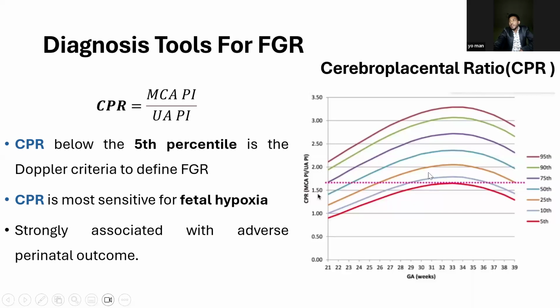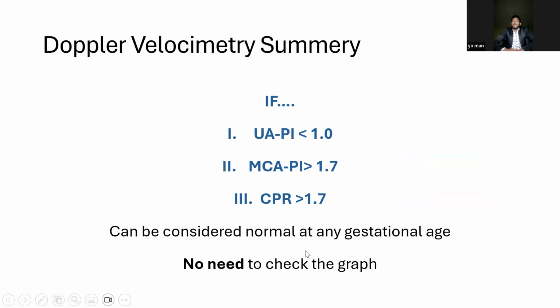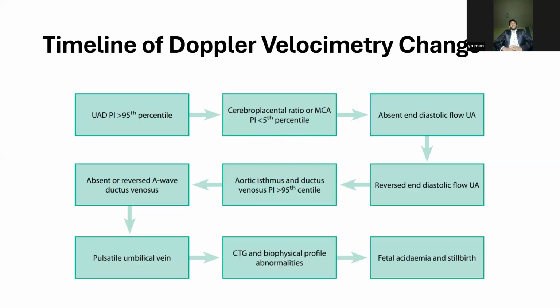So anything above this is above the 5th percentile, as indicated in the red line. So if CPR is greater than 1.7, it can be considered normal at any gestational age, and there is no need to check the nomogram or the data, okay?